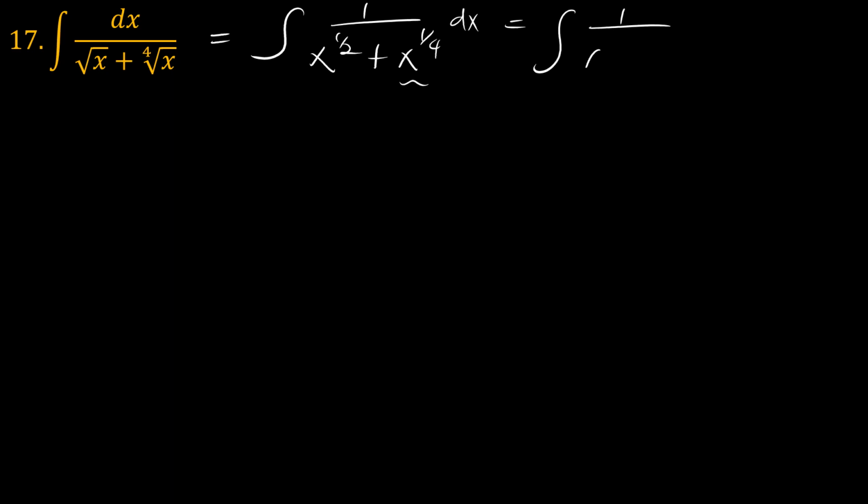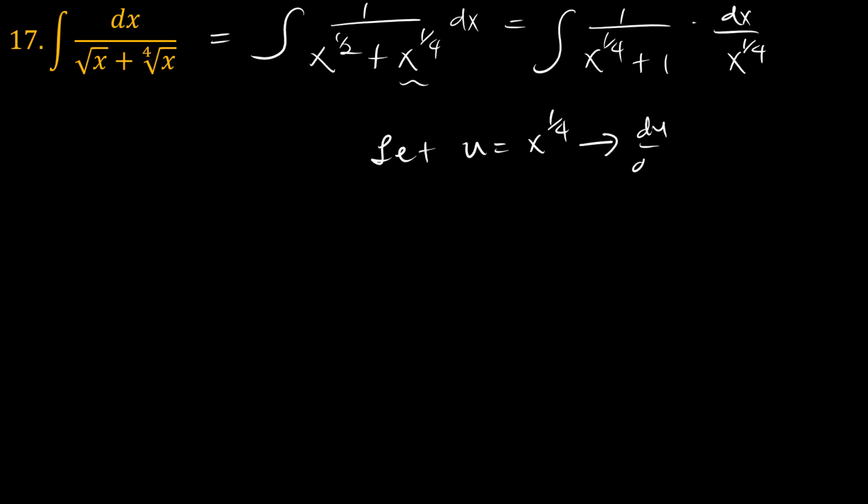So we have x to the quarter plus 1 dx over x to the quarter. So let's say let u be equal to x to the quarter, which means that du dx is equal to a quarter x to the 3 over 4, right?